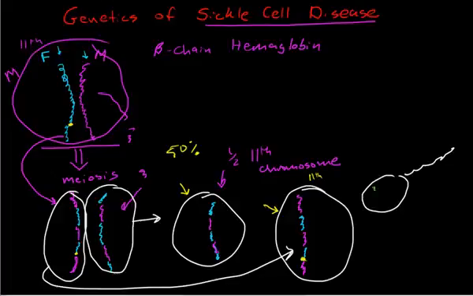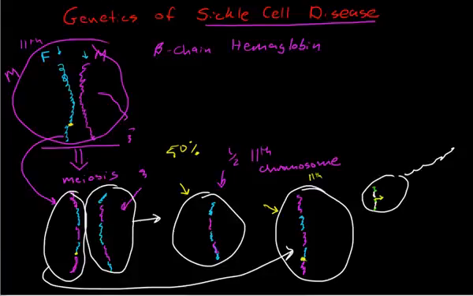So let's change the colors here. So we've also got a piece of DNA, one half of the 11th chromosome, and imagine that this part of the chromosome contains the mutation for the sickle cell trait.